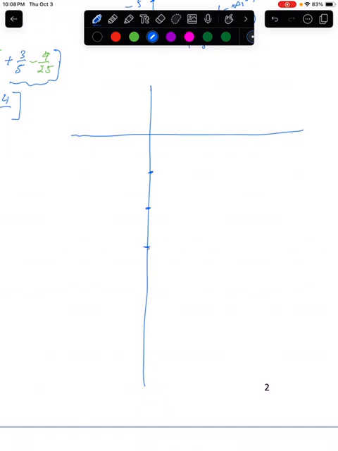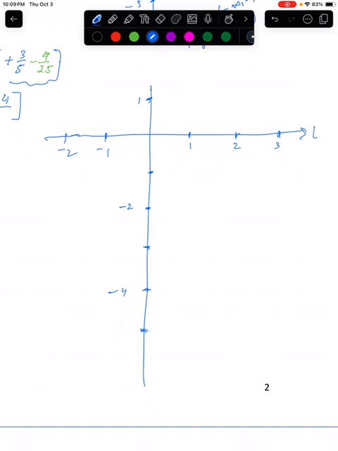So I have negative 2, negative 4. Maybe I'll just put 1 here, 1, 3. Maybe that's enough. Negative 1, negative 2. Okay, so this time it's the t-axis, not the x-axis. This will be t and this will be y.